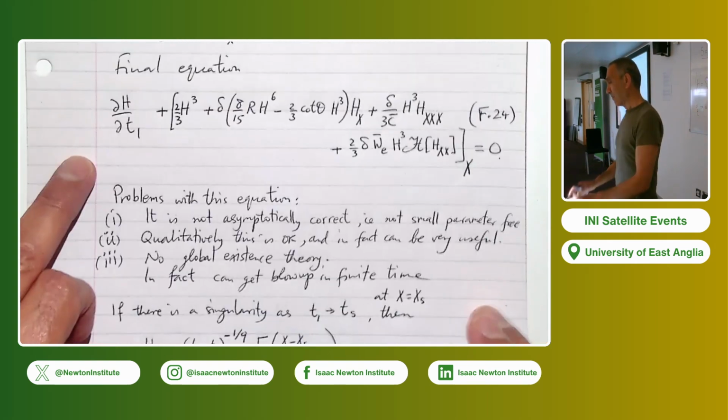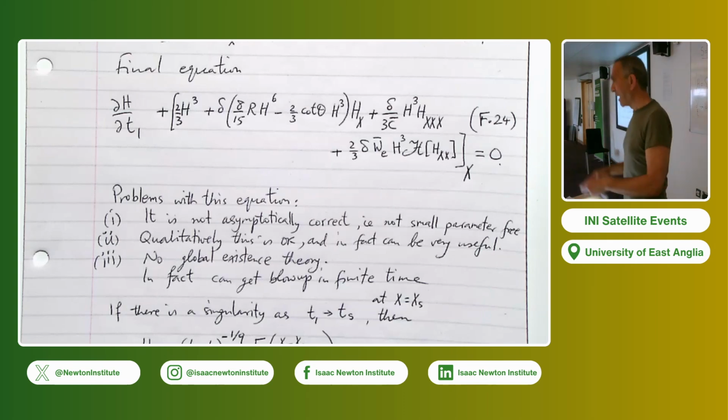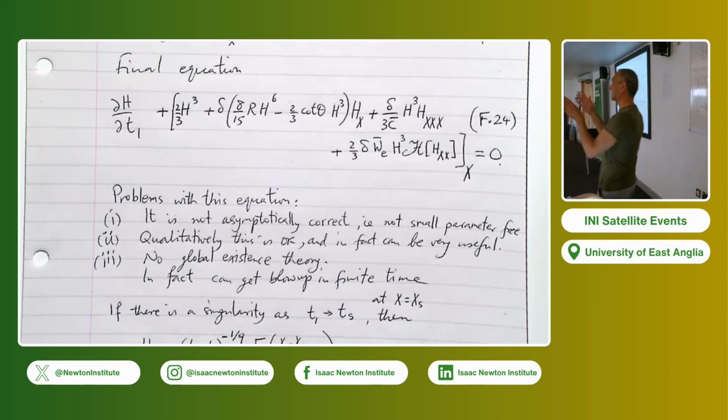I mean, what does it mean? It means that as t tends to ts, some finite time, things blow up, right? So the h becomes very big, it will blow up. So how do I get that behavior? So as t tends to ts, the h gets very big, but also the x dependence gets very small as well.